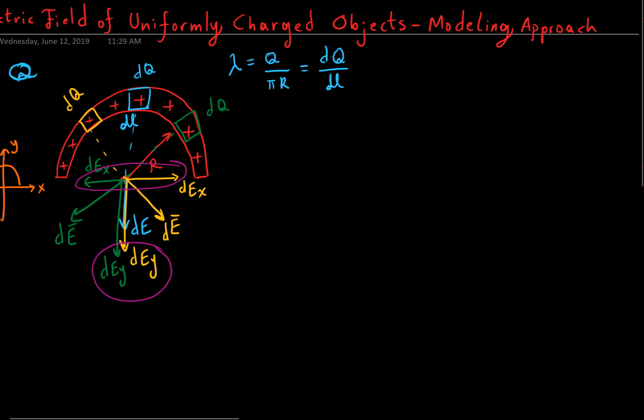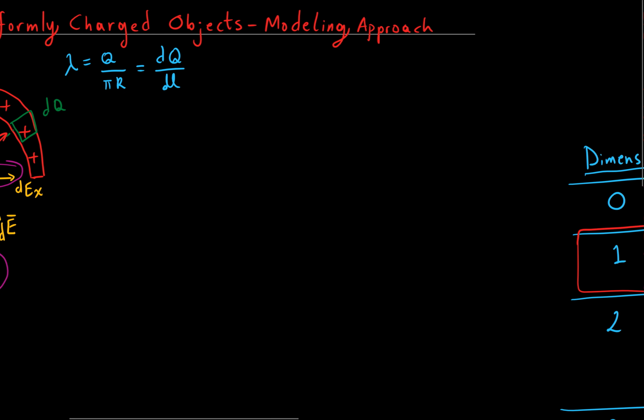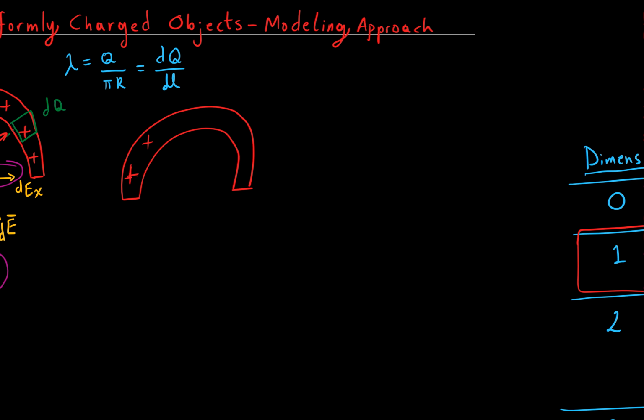Let me redraw this picture over here without all those details. So here's our circle, and let's put a bunch of positive charges in there, and let's say that's our center where we want to know the electric field.